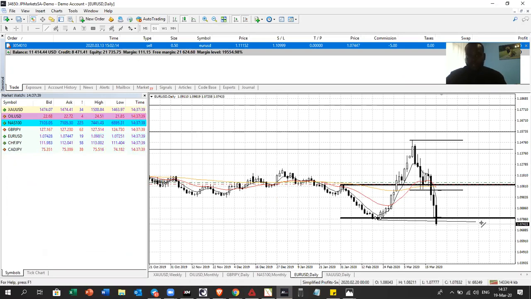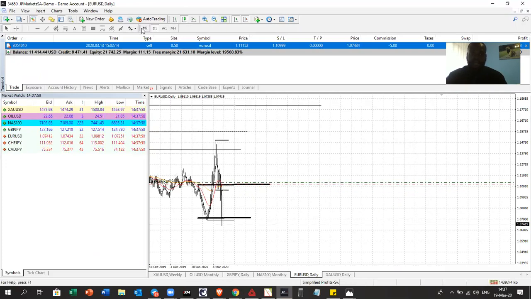This is the Euro USD daily chart. This level was 776, and now it's 740. So 20 pips down, and momentum play.